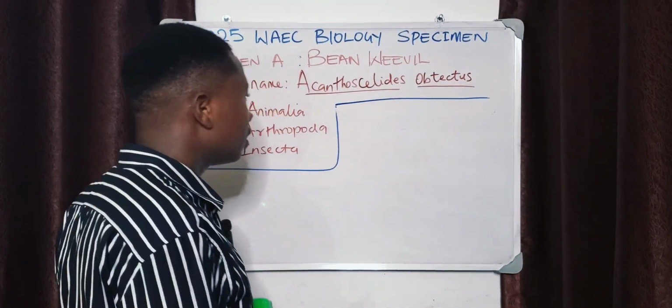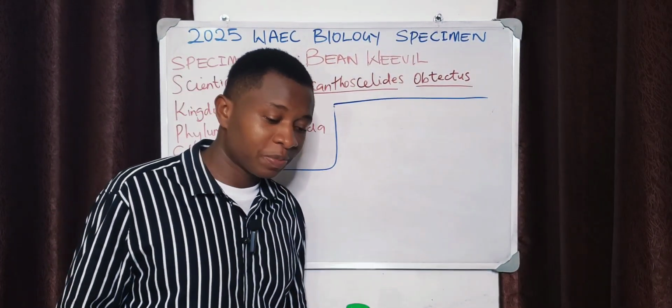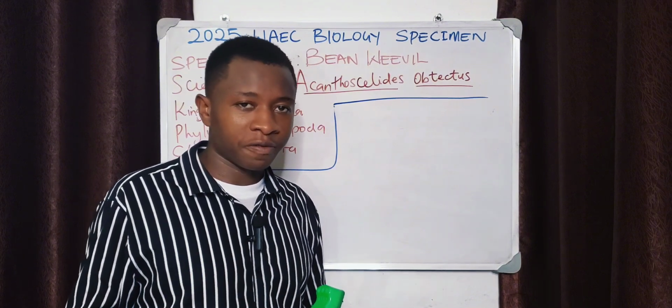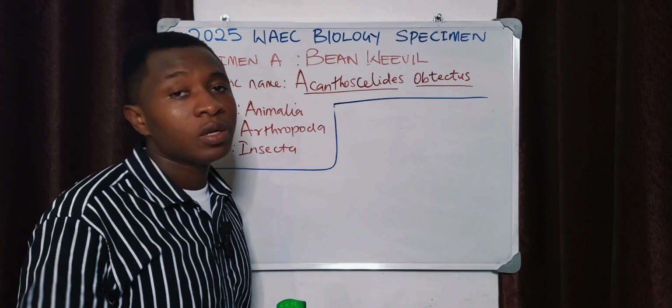Now you can be asked to list the observable features. When you look at your specimen, what and what do you observe? So you can be asked to list observable features of the bean weevil.